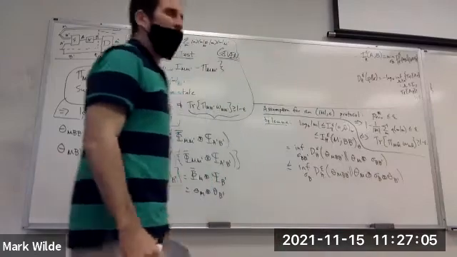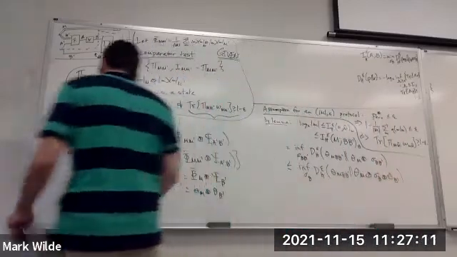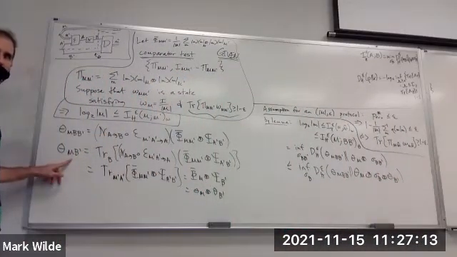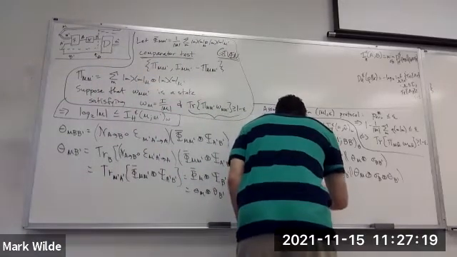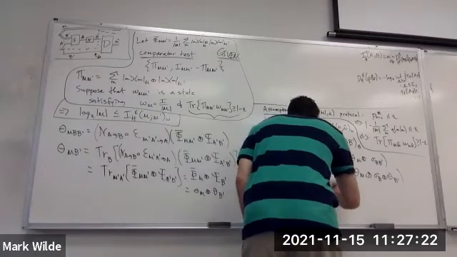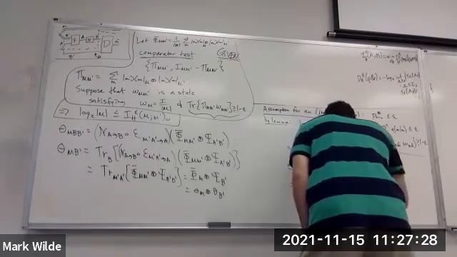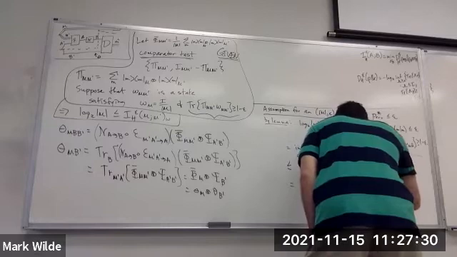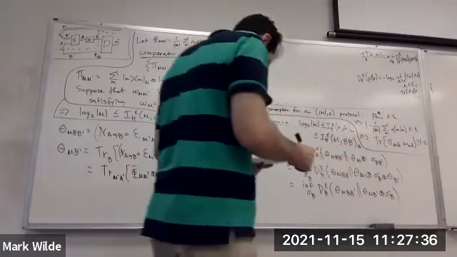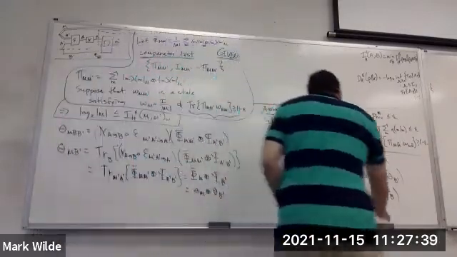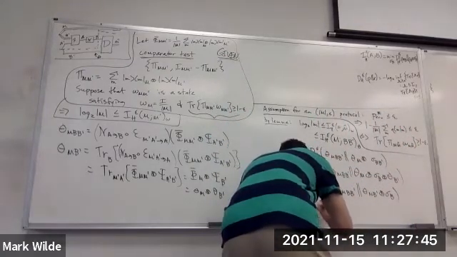But now we proved that theta M tensor theta B prime is the same as theta M B prime. That's what we just proved. Okay. And then this you can rewrite as hypothesis testing mutual information.